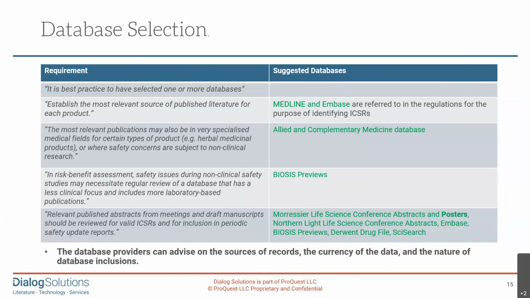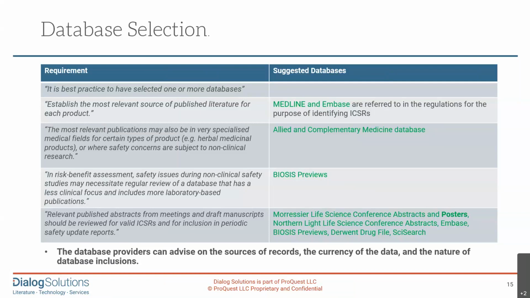However, the regulations go on to state that the most relevant publications may also be in other types of product. So, for example, if you're searching for herbal medicines, Medline and Embase may not be the most appropriate database there.